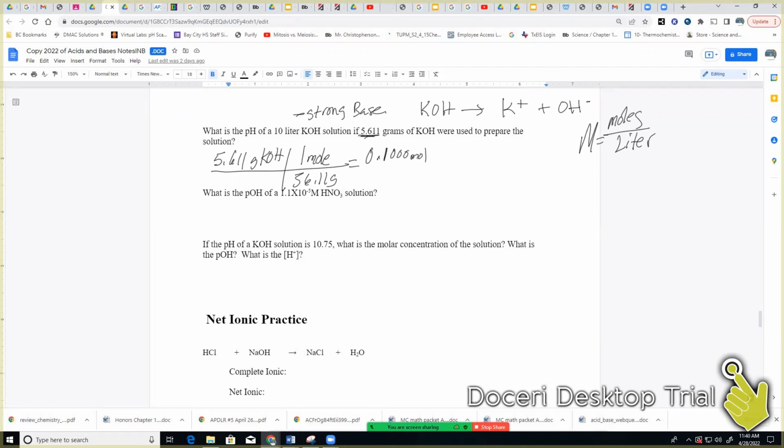This is 4 sig figs, so I need 4 sig figs at this point. All right, now I'm going to divide that, because I need to divide it by liters. So now I divide it by my 10 liters, which only has 1 sig fig. So when I get my answer right here, I just want it to have 1 sig fig.